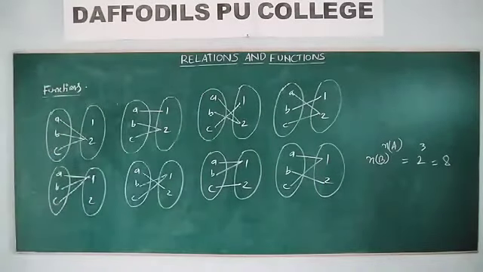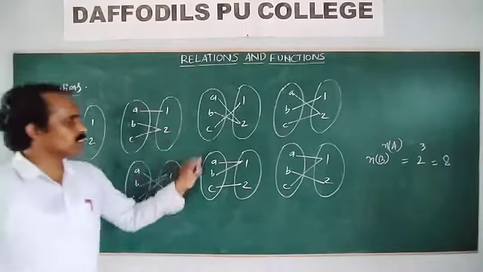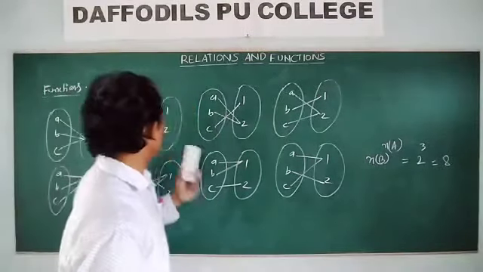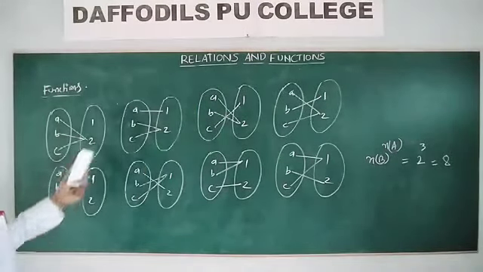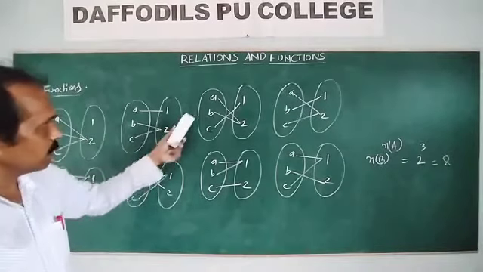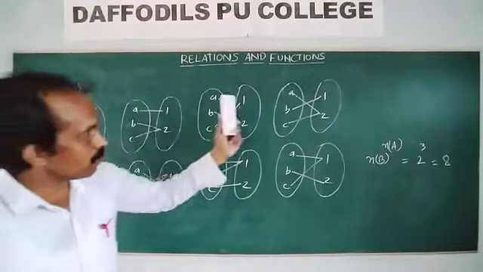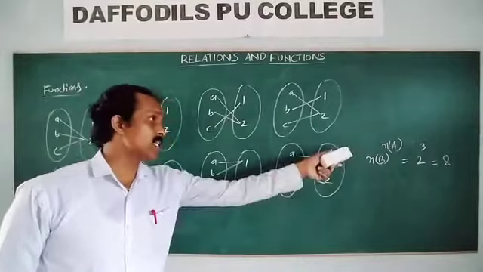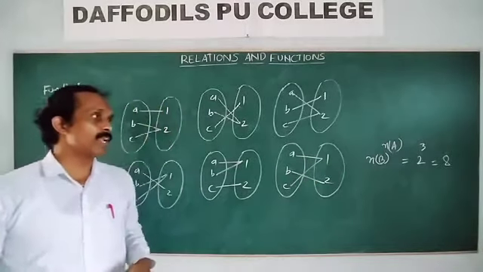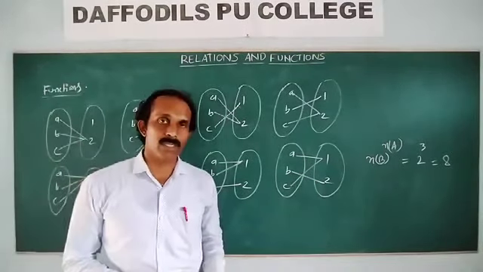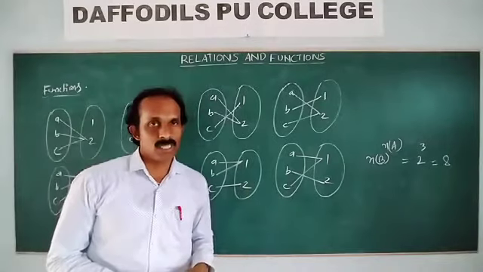Okay. Total how many functions? 1, 2, 3, 4, 5, 6, 7, 8. 8 functions are there. All are different or not? This different, this different. BC, BC. AB, AB combination. AC. Total 8 functions. That is the formula: n(B) power n(A) is equal to 2 cube is equal to 8. Okay. Total number of functions.